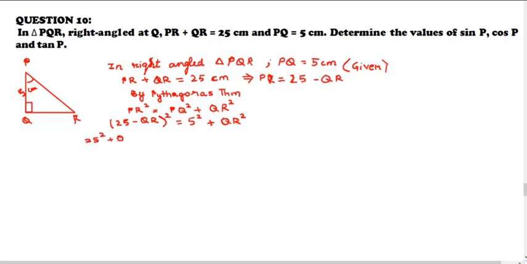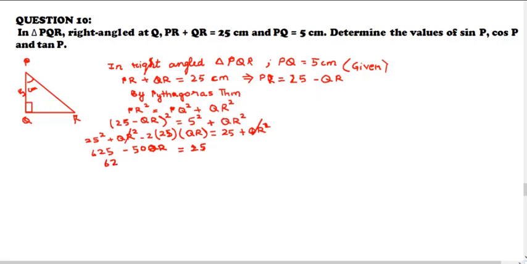So it becomes 25 square plus QR square minus 2 into 25 into QR is equal to 25 plus QR square. 25 square is 625 plus QR square, and QR square gets cancelled out, and 25 into 2 into QR is minus 50 QR. That is equal to 25.